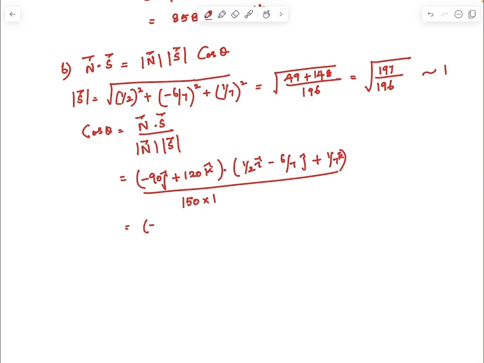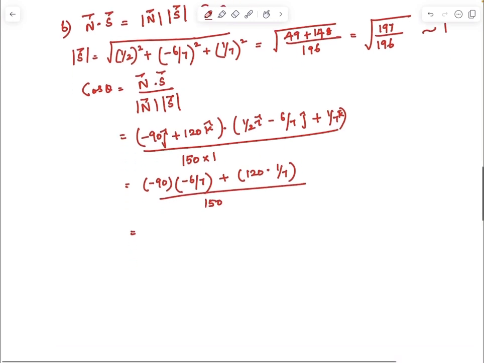On multiplying this, minus 90 times minus 6 by 7 plus 120 times 1 by 7 by 150, which is 660 by 150, and that's 7 is there into 7.